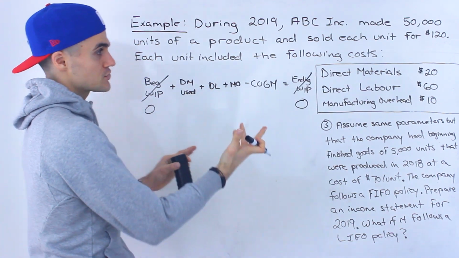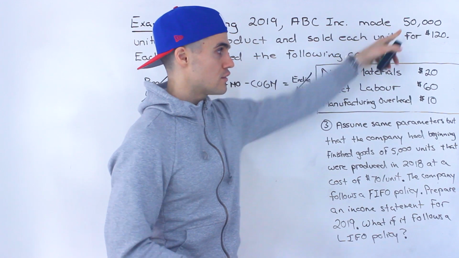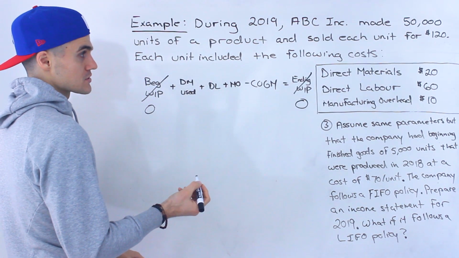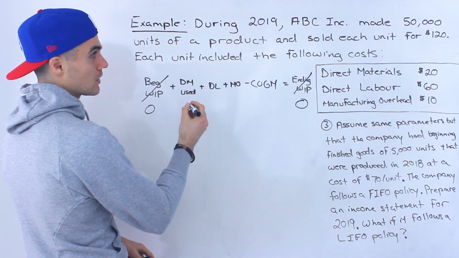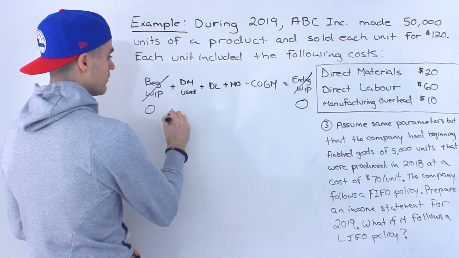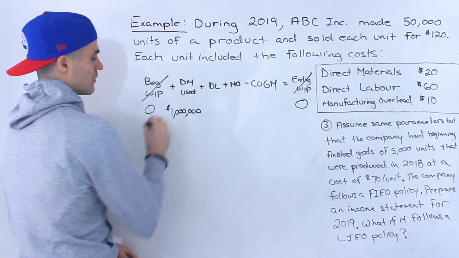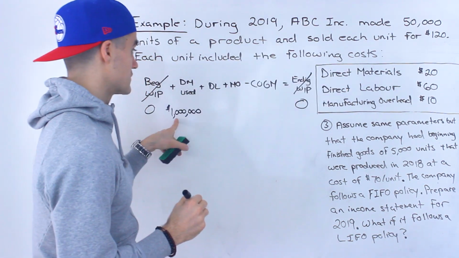So the direct materials used, $20 per unit, times the 50,000 units that were produced, right? And so when we multiply that, we would end up getting what? 1 million there? Right? 50,000 times 20 gives us 1 million.